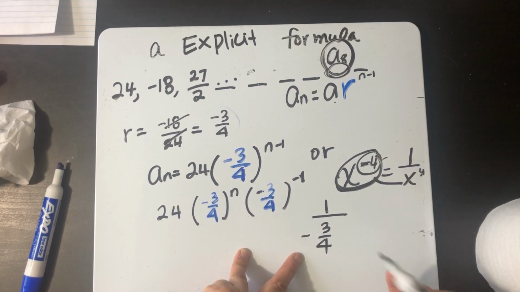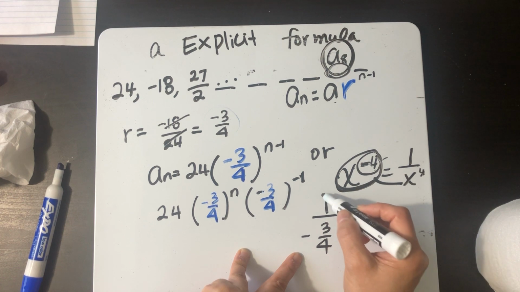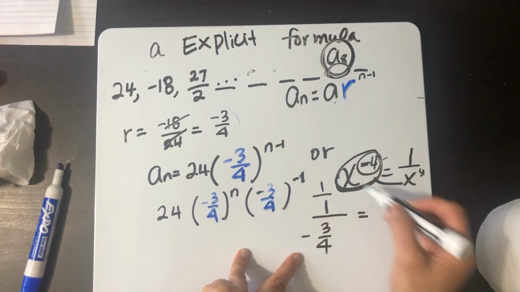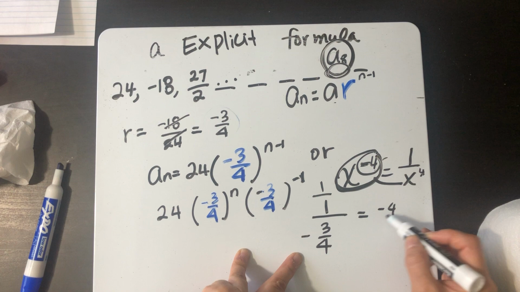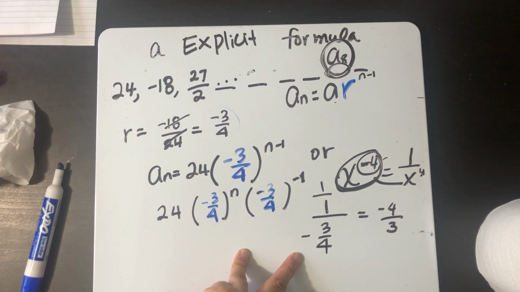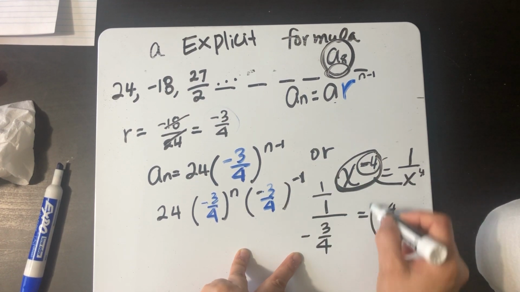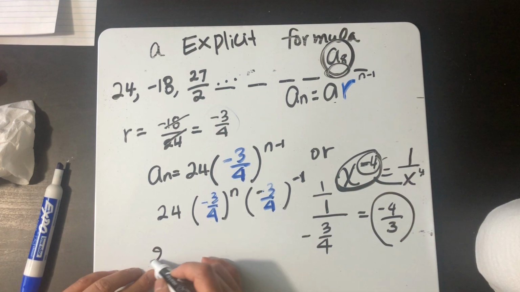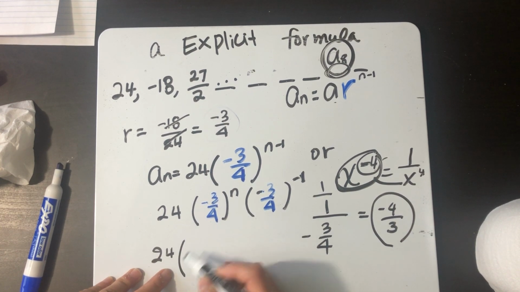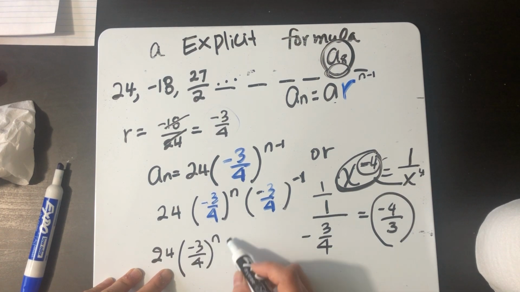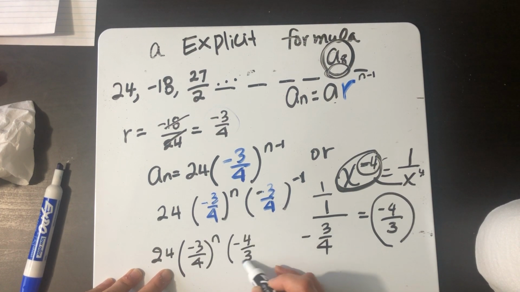What is that? That is exactly negative 4 over 3. So then we have 24 times negative 3 over 4 to the nth power times negative 4 over 3.